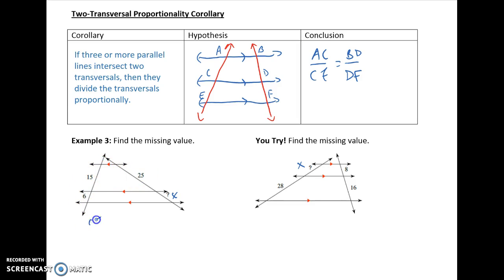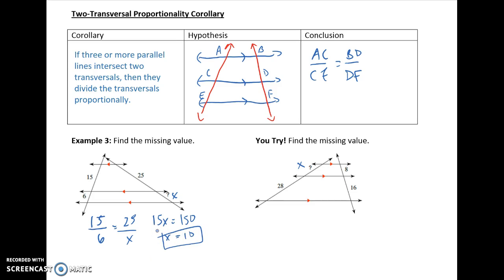So I would say 15 over 6, that should equal that larger piece, 25 over x. And then I can cross multiply and solve, like I'm sure you're all pretty used to now with your proportions. So 15x equals 150, and we're going to get x equals 10.